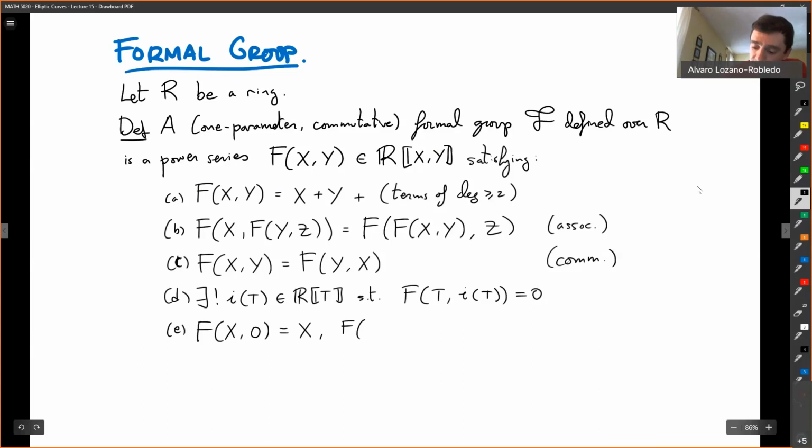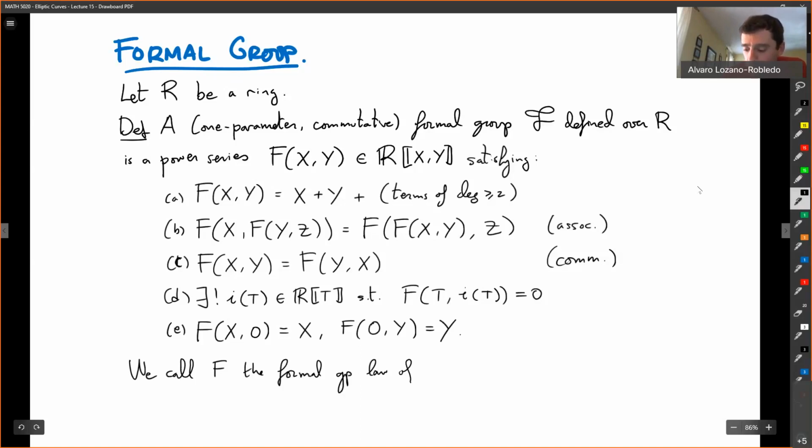If I add 0 to y, I get y. So there is a 0 element, a neutral element. Okay, and we call this F the formal group law of the formal group F.